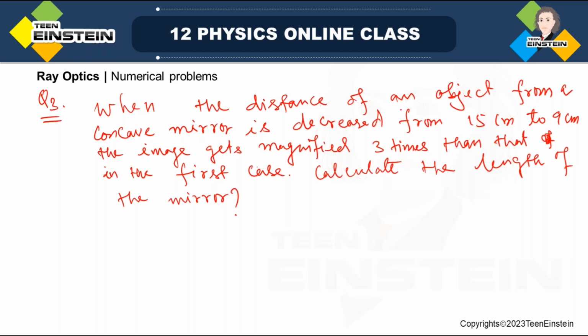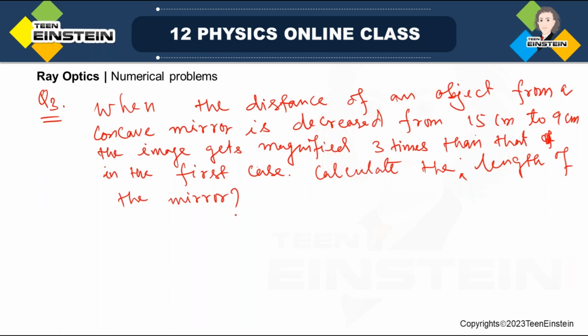When the distance of an object from the concave mirror is decreased from 15 centimeter to 9 centimeter, the image gets magnified by 3 times than that of the first case. Length of the mirror? No, I'm sorry.